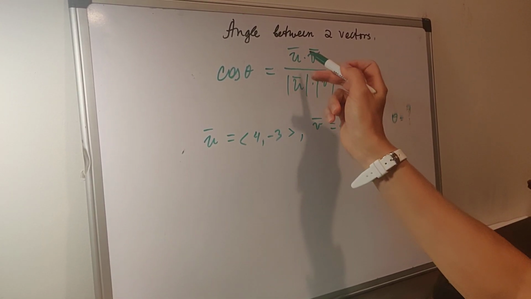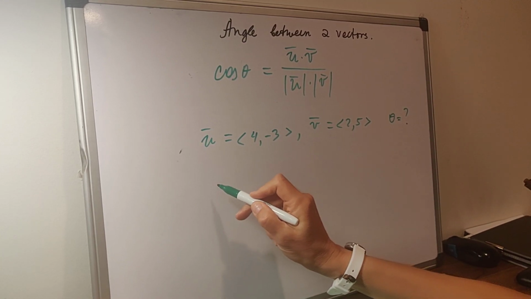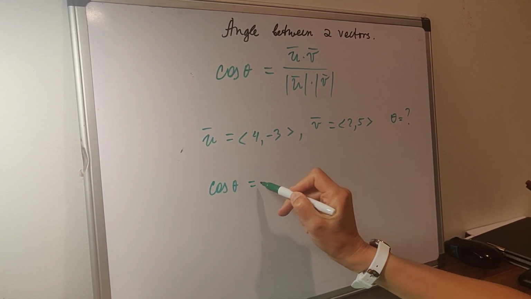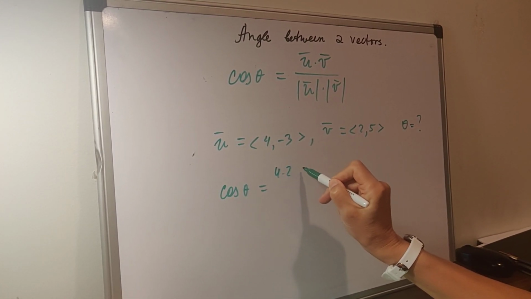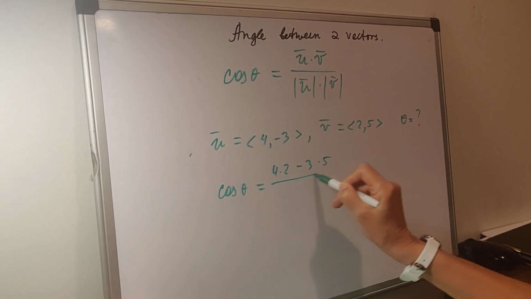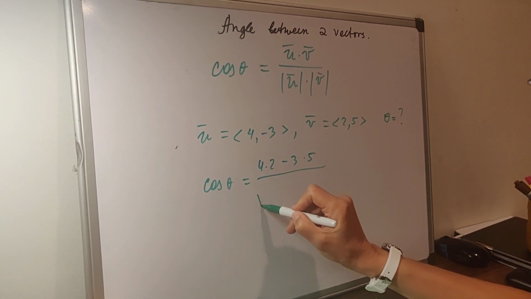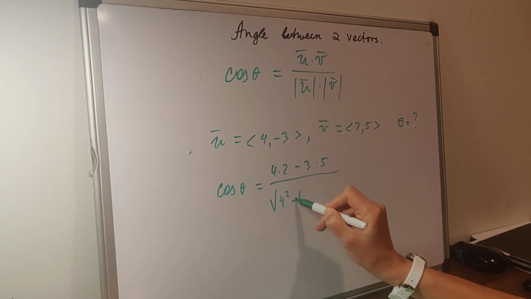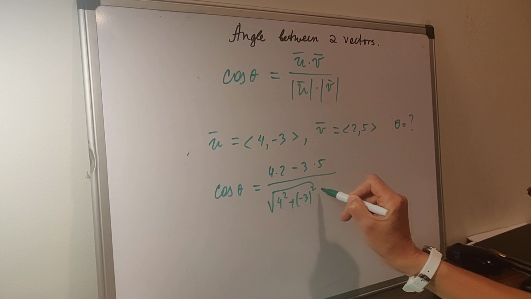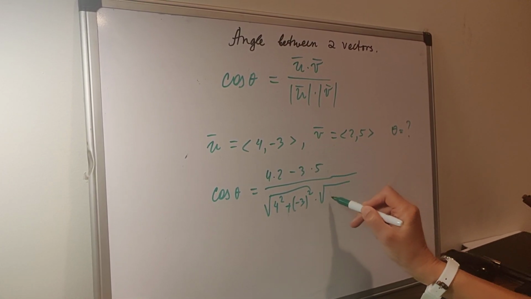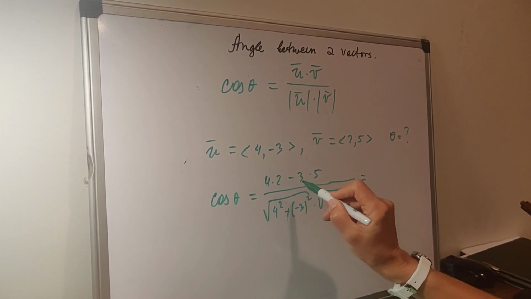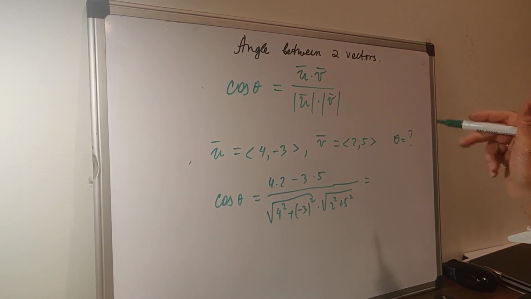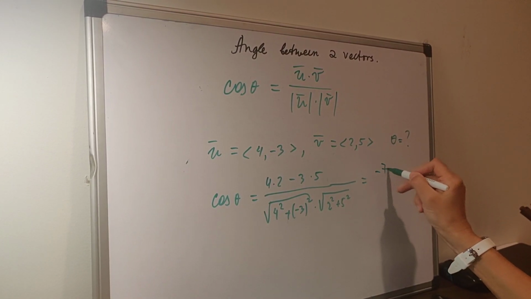I'm going to just plainly use the formula. Cosine of theta equals the dot product, x by x: 4 times 2 minus 3 times 5, over the length of vector u, the square root of 4 squared plus negative 3 squared, times the length of vector v, that's the square root of 2 squared plus 5 squared. Here I'm going to have 8 minus 15, which gives negative 7.